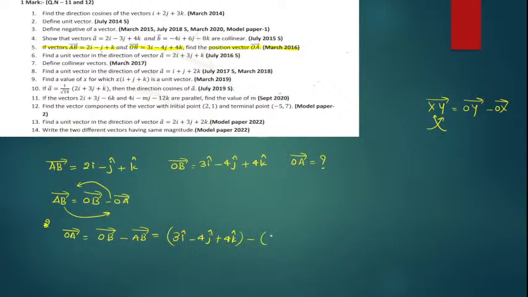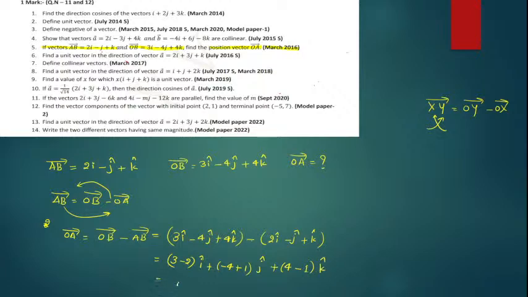minus AB vector is given, that is 2i minus j plus k cap. So by doing subtraction here, 3 minus 2 is 1 i cap, plus minus 4, minus of minus is plus, so plus 1 j cap, plus k component 4, so minus into plus will be minus, that is 1 k cap.